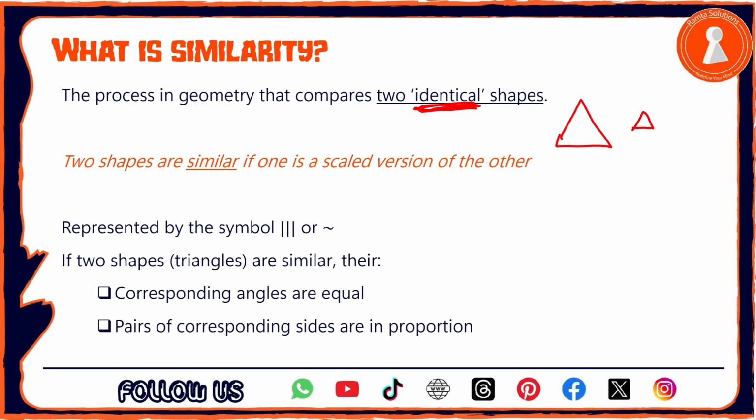Remember, when you say things are in proportion, you mean the numerator and denominator of one is equal to the numerator and denominator of another. So we say A over B must be equal to C over D, must also be equal to, let's say, E over F, and so on. So these are in proportion.